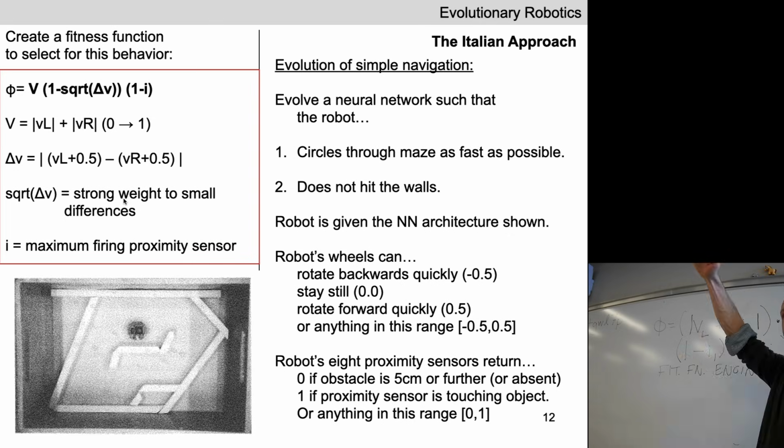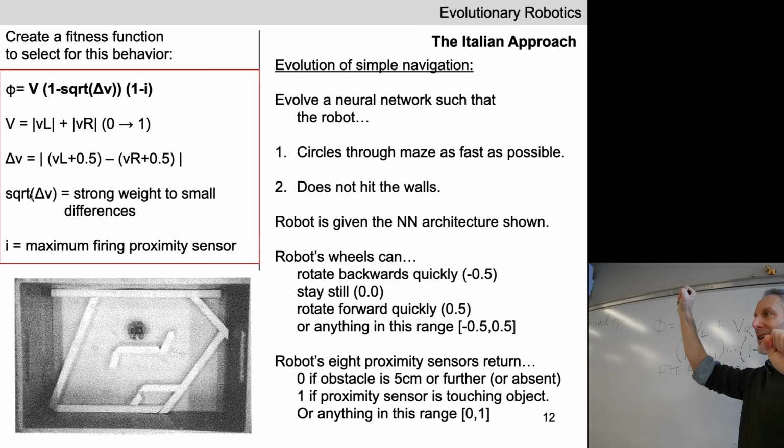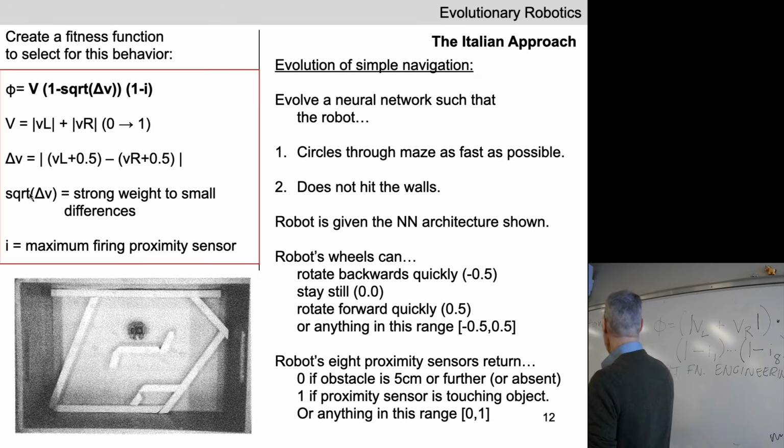So in the initial random population of sets of synaptic weights, if some of them produce a slightly less delta V than others, they're doing a little bit better job at equalizing the turning of the 2 wheels. You take the square root of 2 slightly different delta V values, and it magnifies that amount.